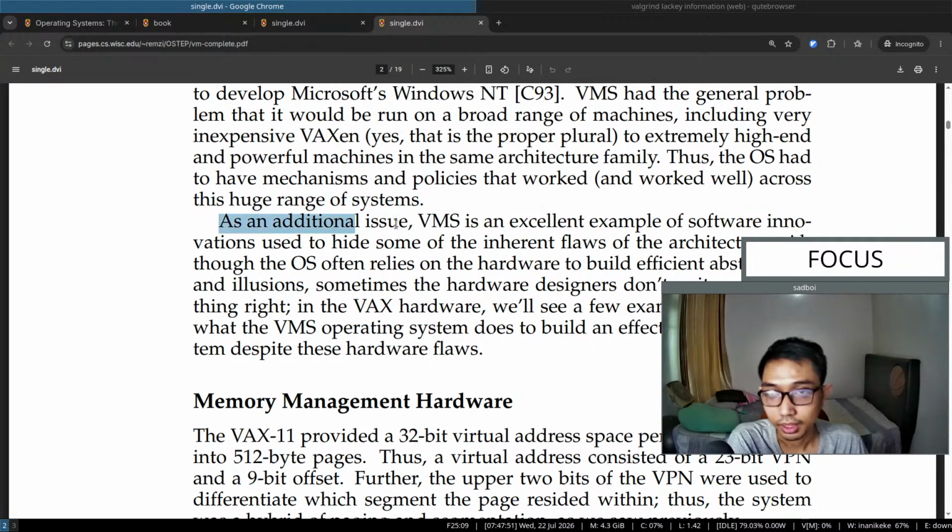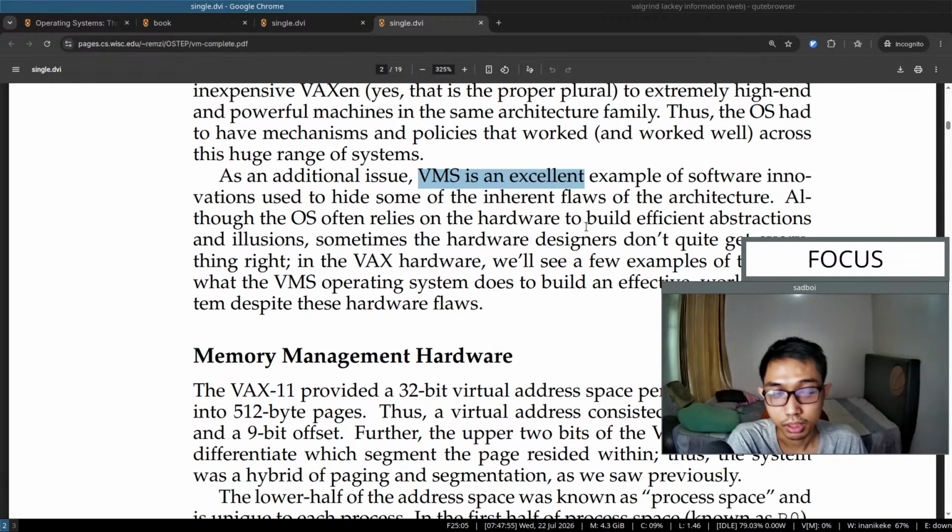As an additional issue, VMS is an excellent example of software innovation used to hide some of the inherent flaws of the architecture.